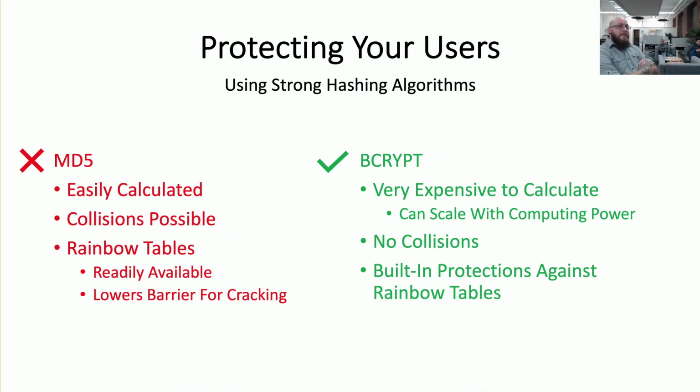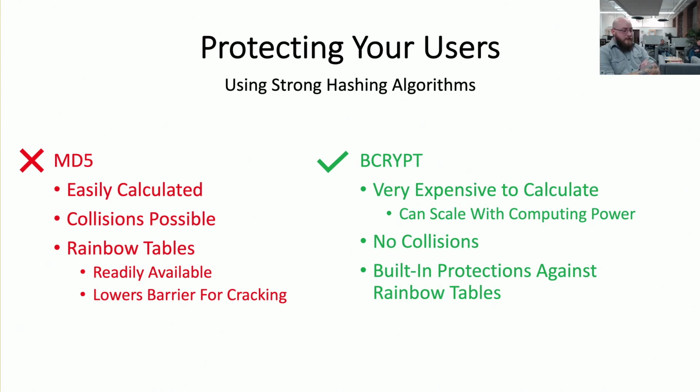But the hash length itself is pretty short, so collisions are possible, which means you can have two distinct inputs output the same hash. And then there's rainbow tables.